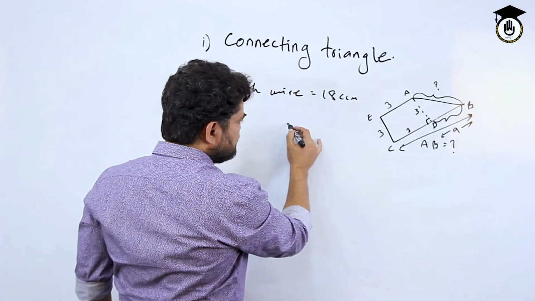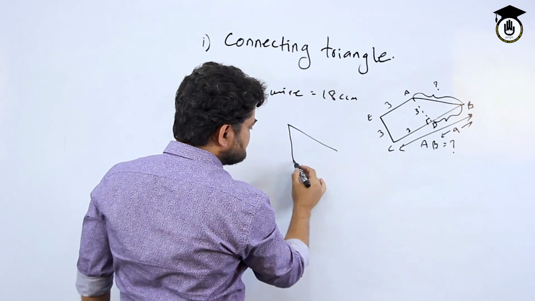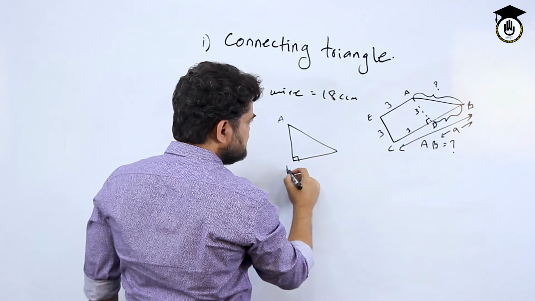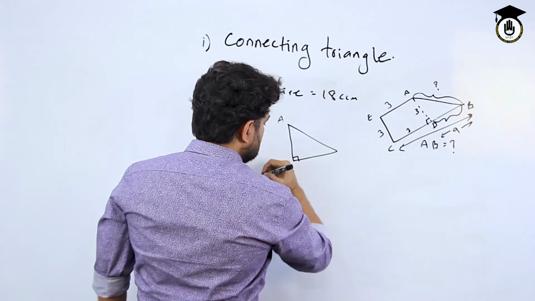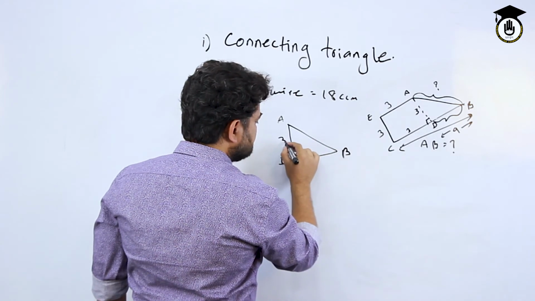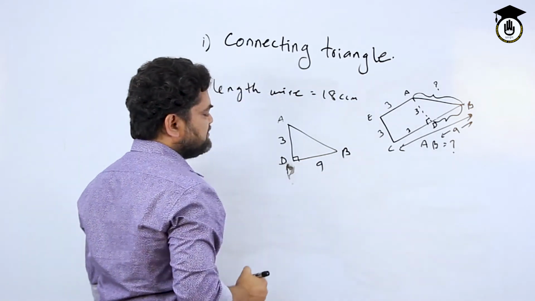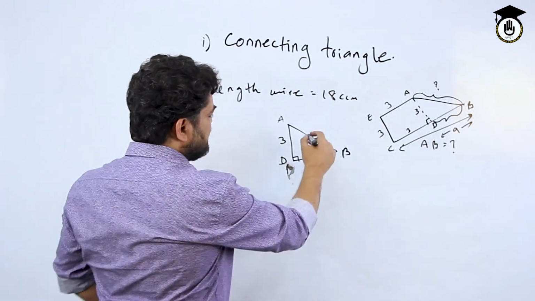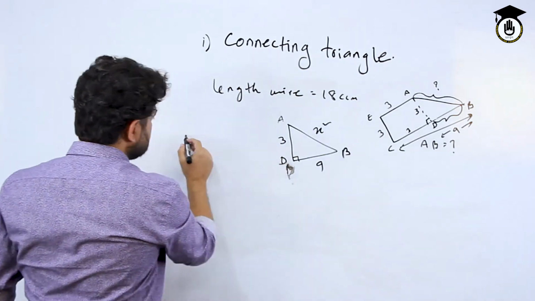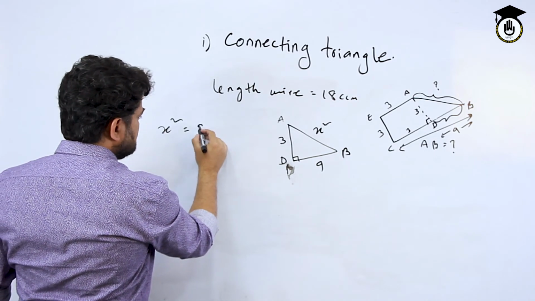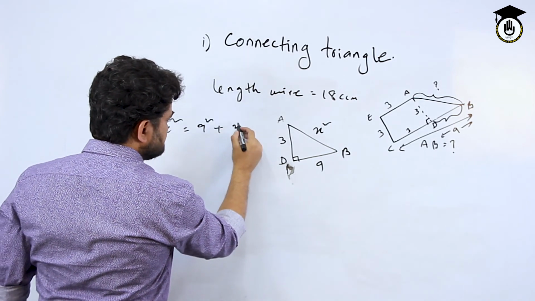To make you understand, I'm drawing this triangle separately, just up to this part. AD and B, and let's name them 3. And I have come to know about 9 here, by doing the calculation. So if I find this AB, X, which was our target, I'm writing it directly, like 9 squared plus 3 squared.